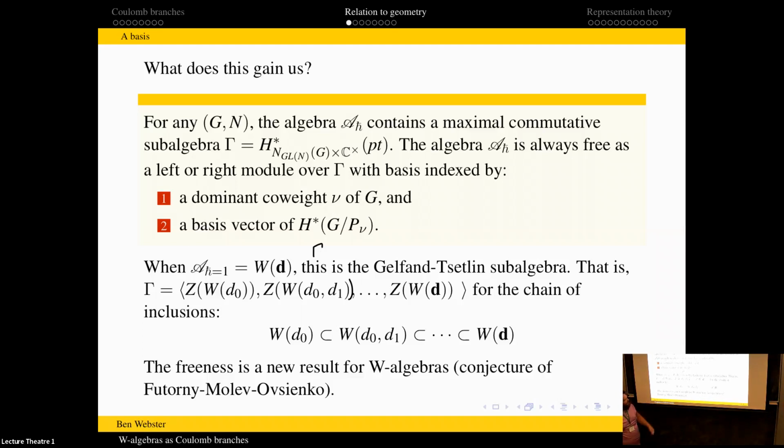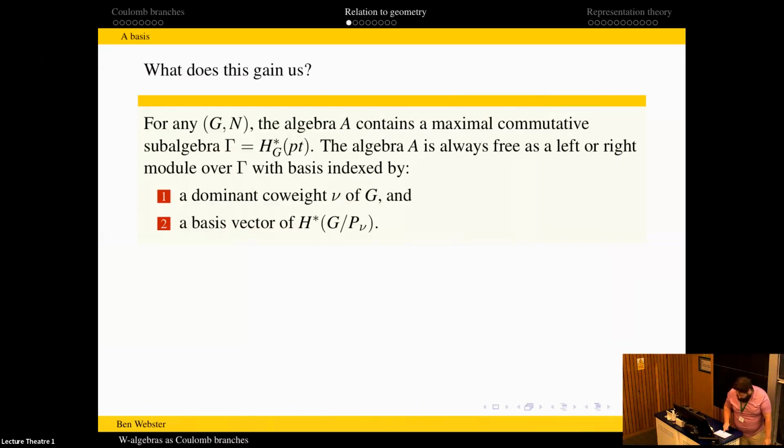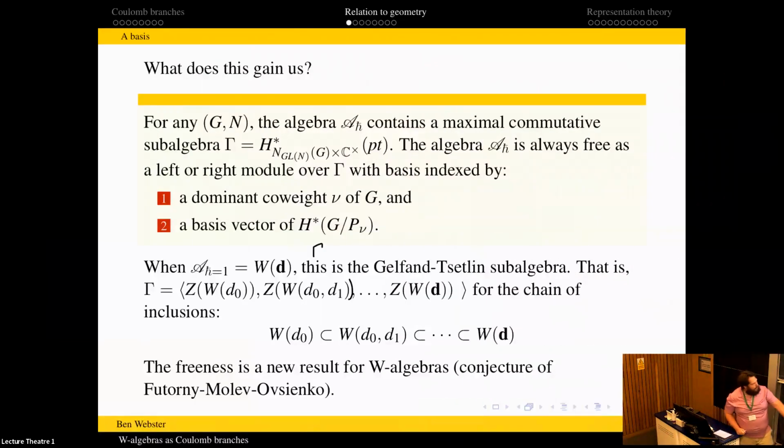And exactly as in U(sl_N), I look at the centers of these guys. They're all polynomial rings, and they're all algebraically independent from each other. They give me a big commutative subalgebra. And exactly what's happening here is my group is a big product of GL_Ns, and the equivariant cohomology for that GL_N contributes the center of one of these W-algebras.